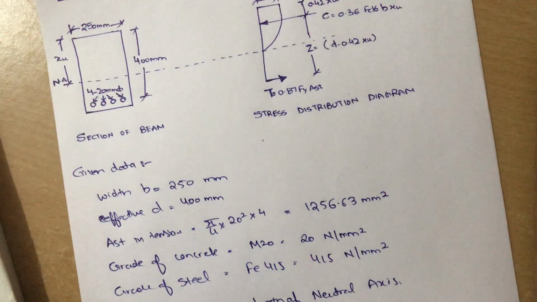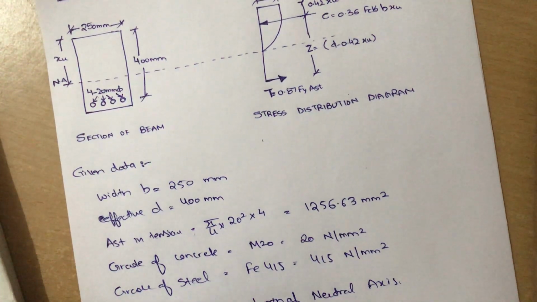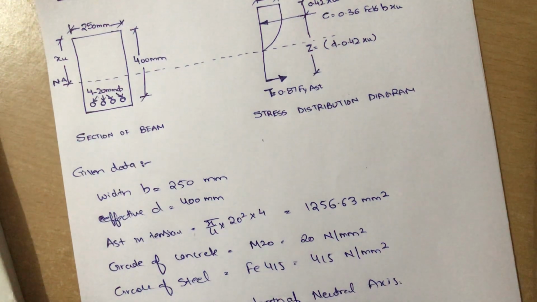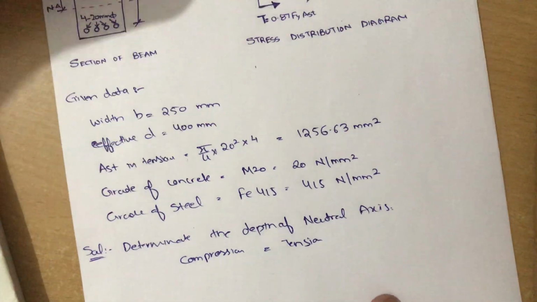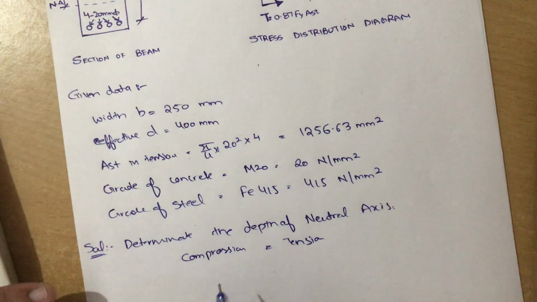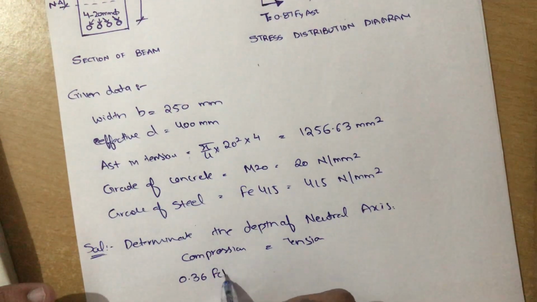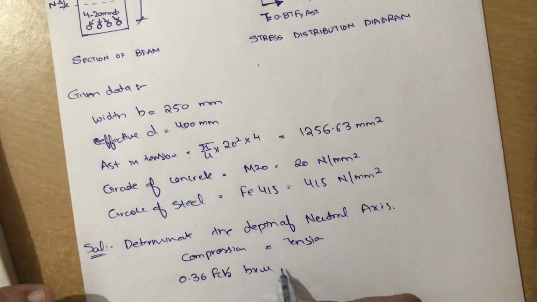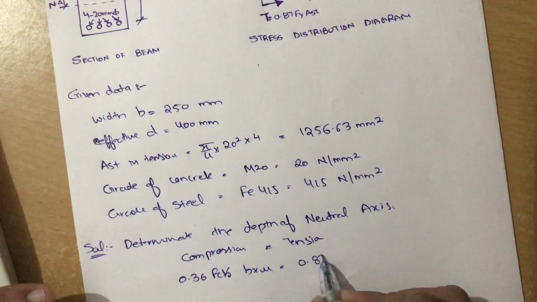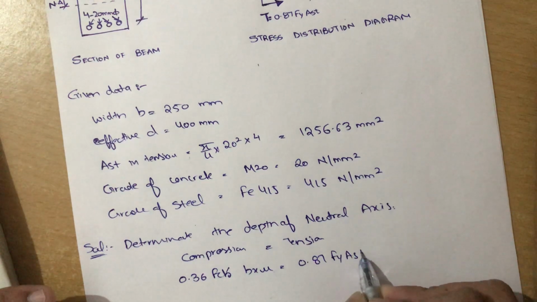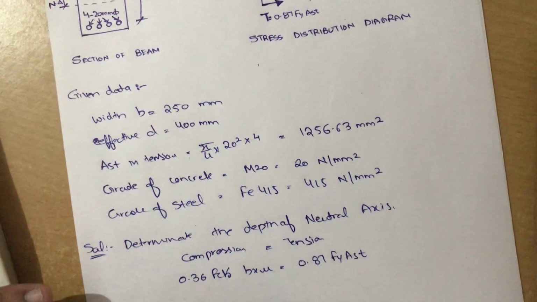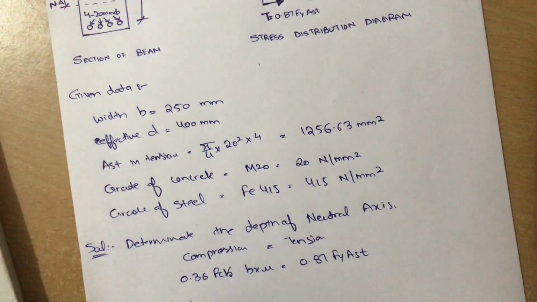So basically according to the stress distribution diagram, compression is equal to tension. The value of compression is equal to 0.36 fck b xu, and tension is 0.87 fy Ast. Now find out the value of xu.